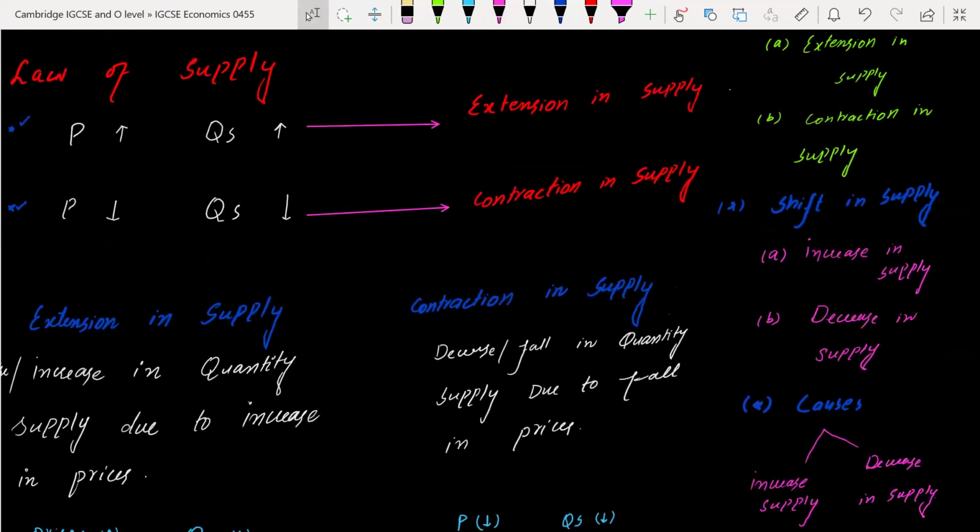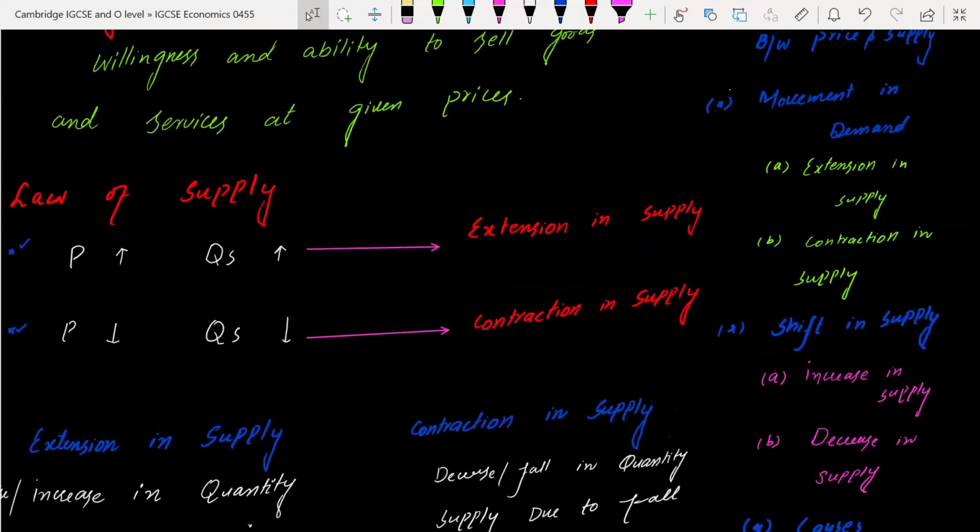And let me clear one thing, extensions and contractions come under the head of movement. And movement means change in supply will happen due to change in prices. All the time you should keep this in mind when you have to write the definitions of extension in supply or contraction in supply.